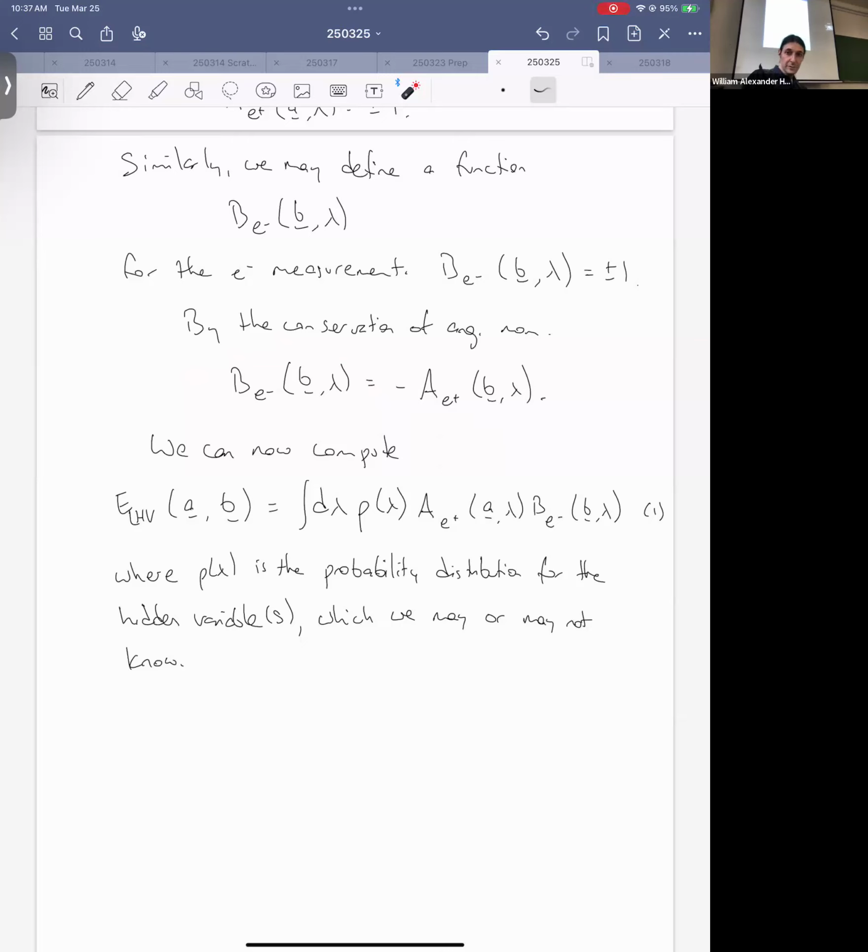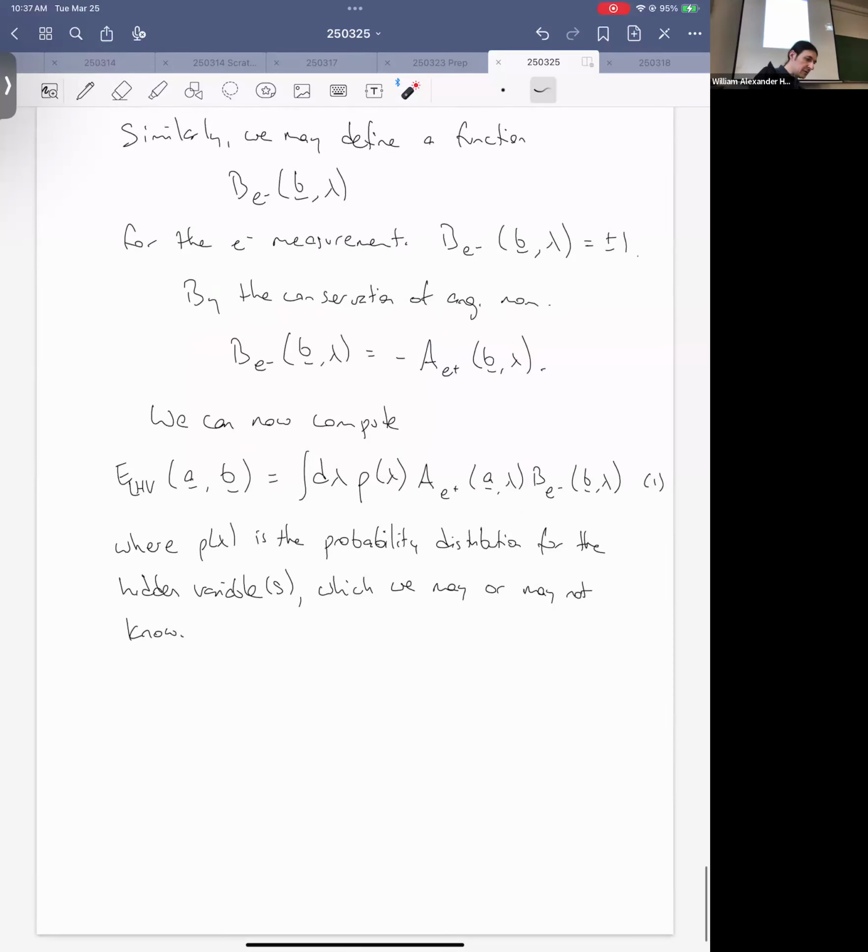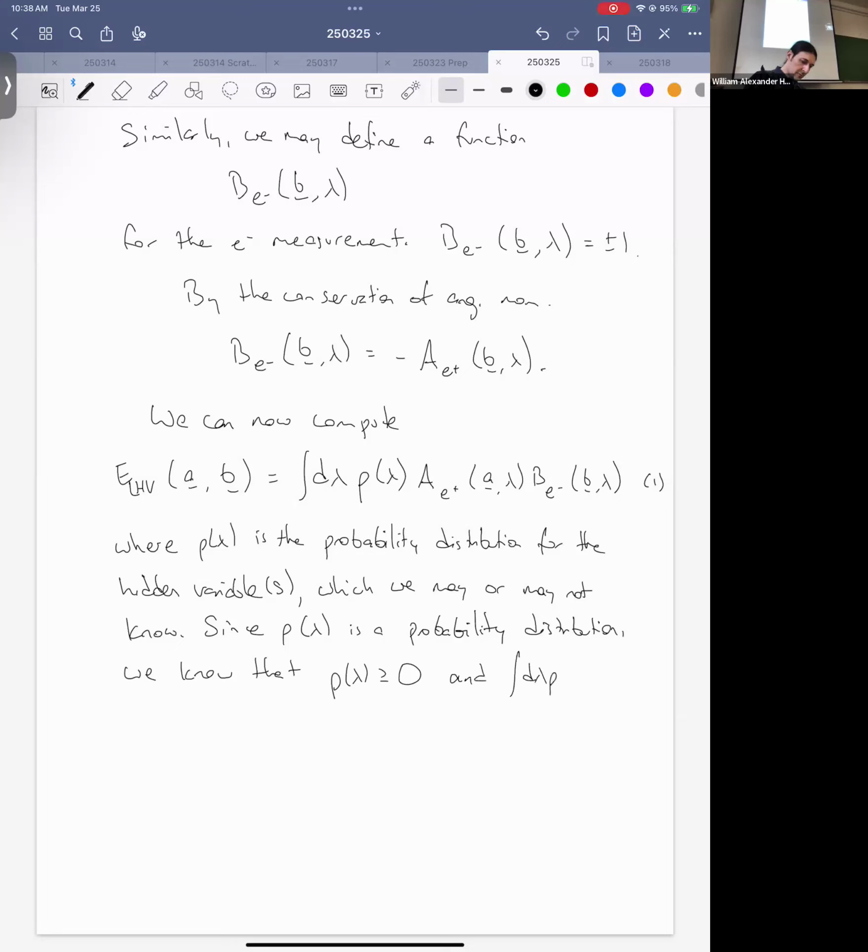Okay, all right, so rho is a probability distribution. So since rho is a probability distribution, we know that rho must be greater than or equal to 0. And the integral of rho must be equal to 1. Okay.